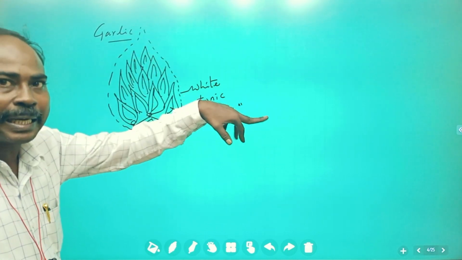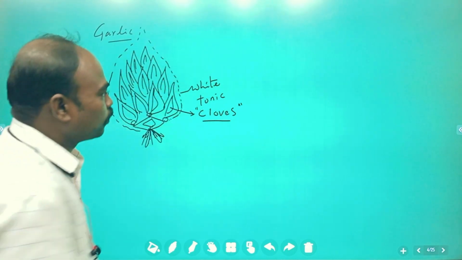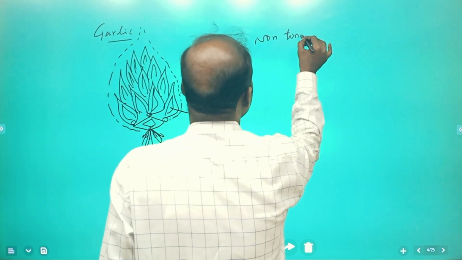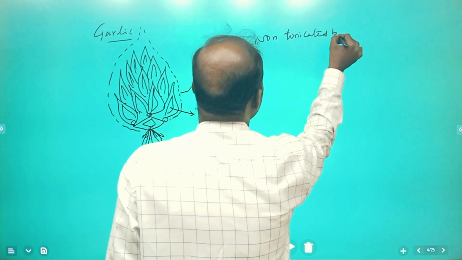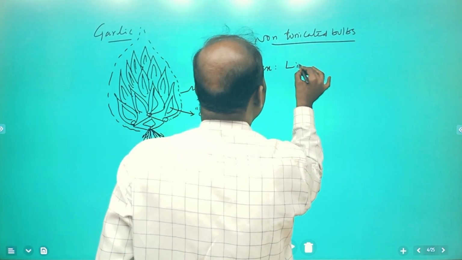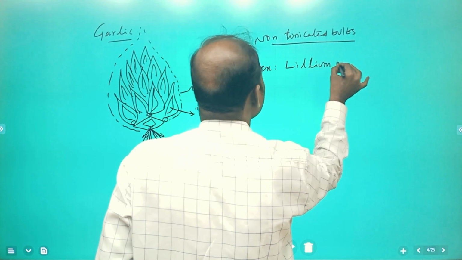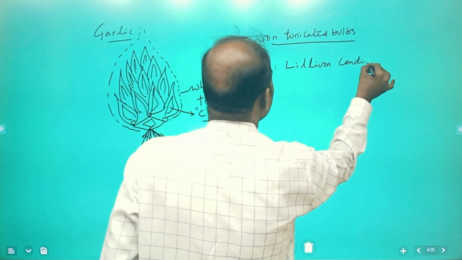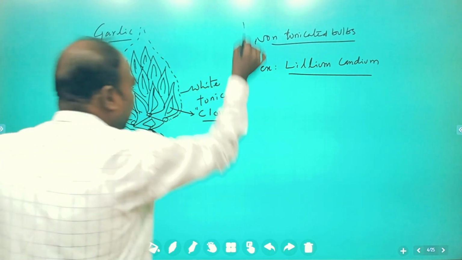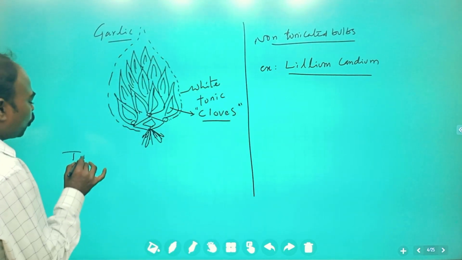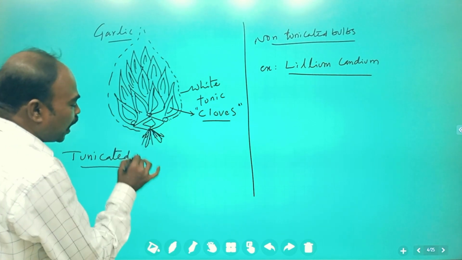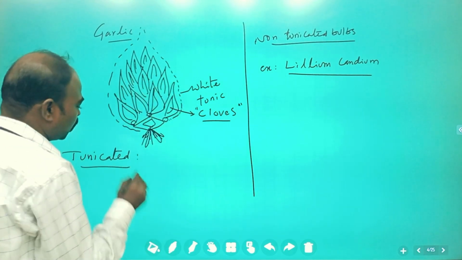Both garlic and onion are said to be tunicated bulbs. Non-tunicated bulbs are found in Lilium candidum. Tunic means the protective layer of the underground leaves.